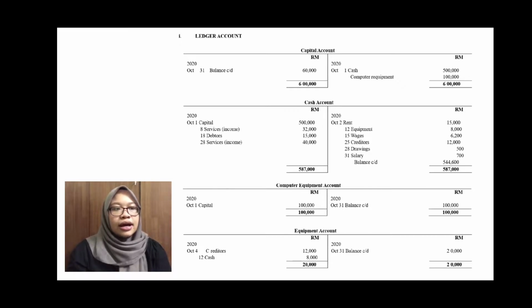600,000. On 1 October, cash, computer equipment, 600. It becomes 600,000 ringgit.